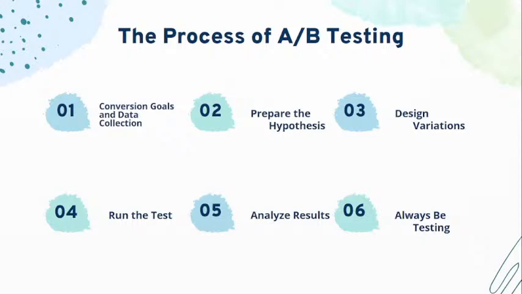So we take one example. If you realize, after viewing your various heat maps, that visitors are not clicking the call to action buttons, meaning the CTA button, you figure out that maybe if you change the color or the font of that call to action button, it will attract more attention, which will make visitors click on that button, right?